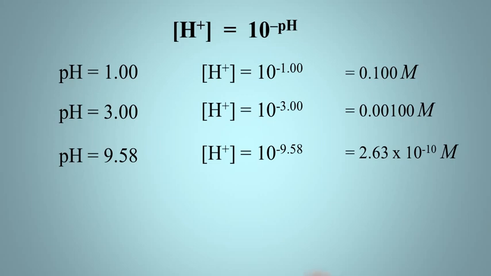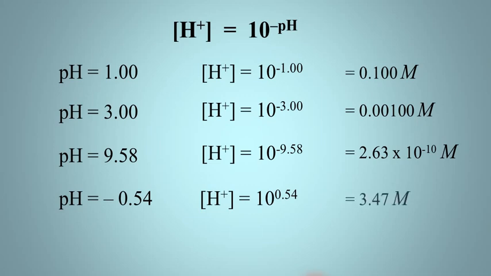If we have something that's very concentrated, very acidic, and the pH is negative 0.54, well, the H plus concentration would be 10 to the negative negative 0.54, or just 10 to the 0.54, and that is 3.47 moles per liter. So this is how we can find the H plus if we know the pH.